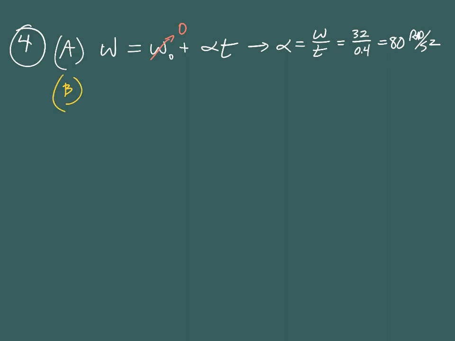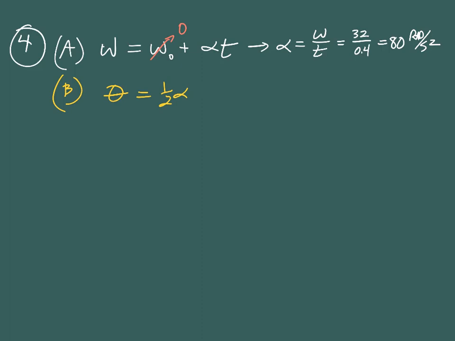Part B wants to know how many revolutions it goes through during this process of being accelerated. Since it started from rest, I don't have an initial speed, it's 0.